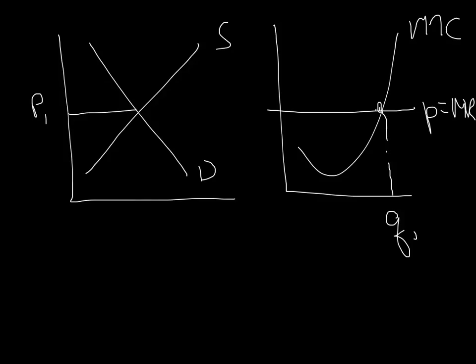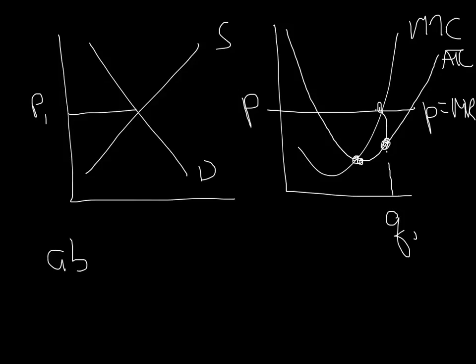There's an economic profit. P is above ATC. But this is not a long-run equilibrium. Right? This is a short run with above average profits.